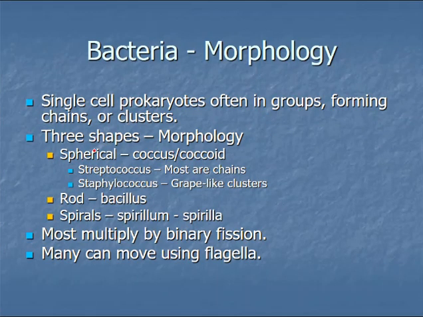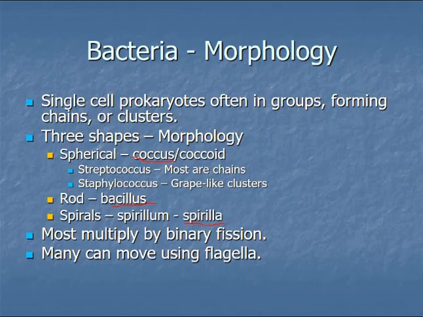And so we've got 3 main shapes: coccus, bacillus, and spirilla. And luckily these aren't too hard to keep up with, given the names. The coccus is spherical, so like ball-shaped.